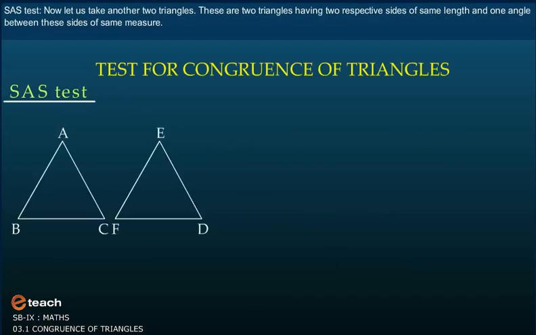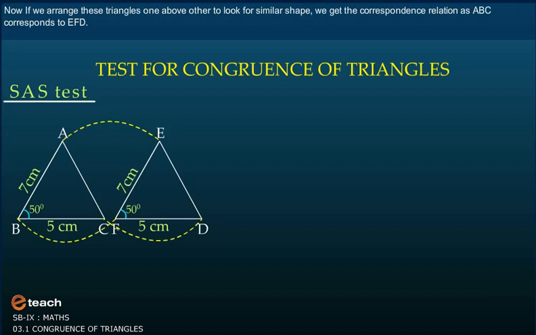SAS test. Now let us take another two triangles. These are two triangles having two respective sides of the same length and one angle between these sides of the same measure. Now, if we arrange these triangles one above the other to look for similar shape, we get the correspondence relation ABC corresponds to EFD.